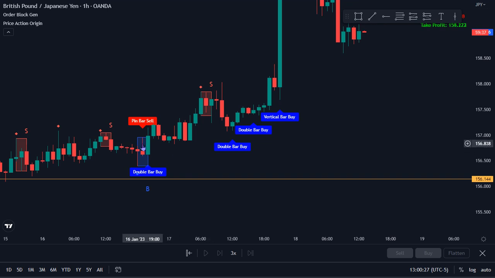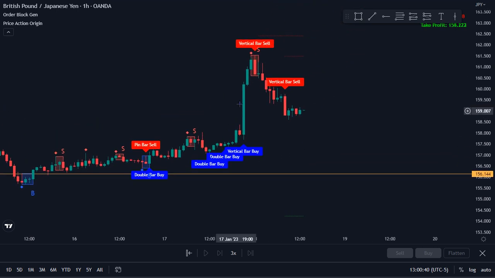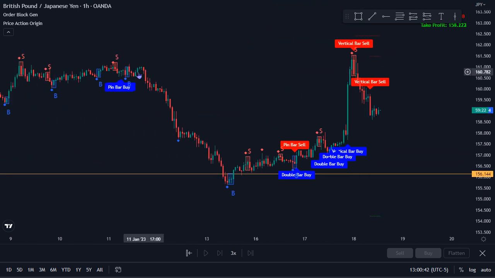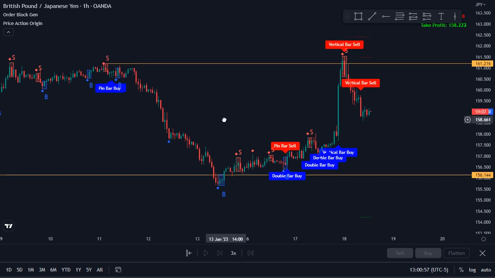And of course, strong confirmation for this one because we also have the double bar buy pattern inside of the bullish order block. And then super strong move that we are taking at least up into this area, maybe not necessarily these highs, even though it does take out the highs, but just at least to maybe one of these other order blocks or this consolidation range.